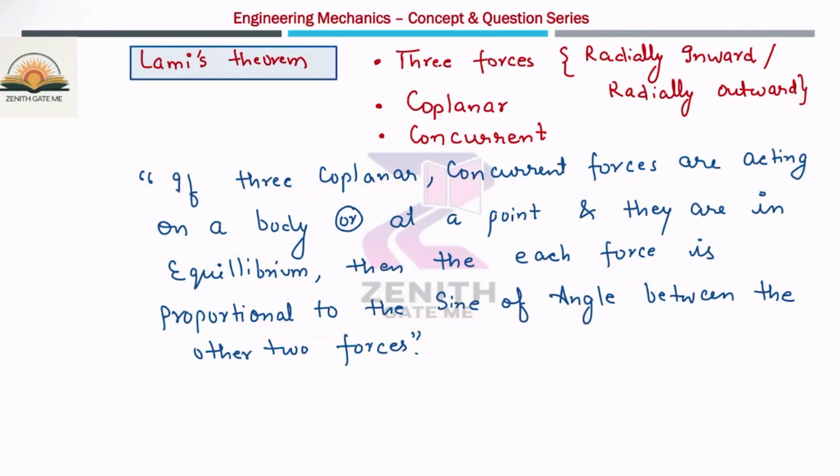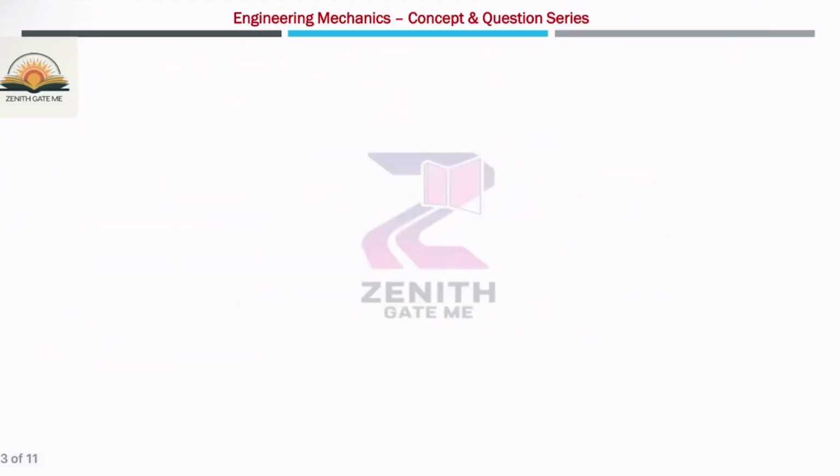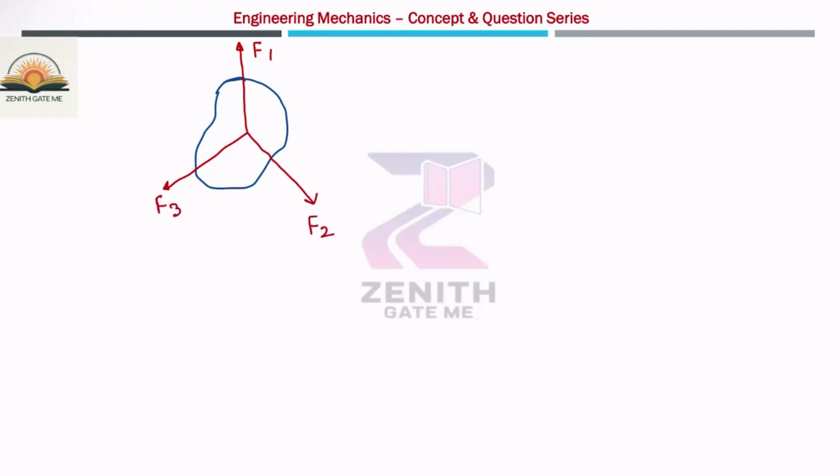Let's try to understand the meaning of this statement. Let us suppose this is a body, and in this body there are three forces which are in the same plane: F1, F2, and F3. All these three forces pass through the same point, so it is a concurrent and coplanar force system.